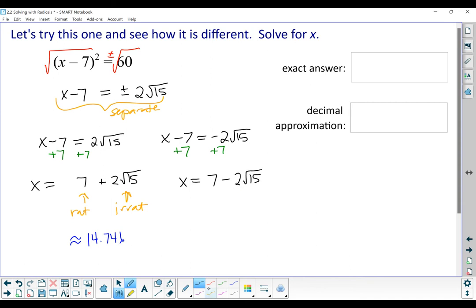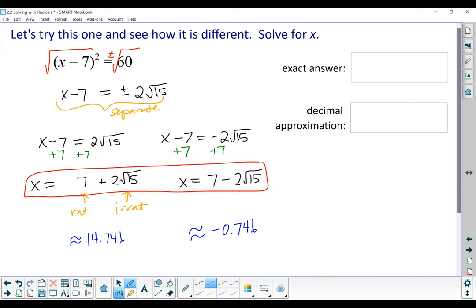We can get a decimal approximation from our calculator, though, if we want. 7 minus 2 root 15 is negative 0.746. So you might notice when you look at these two that they're almost the same. The only difference is that sign.